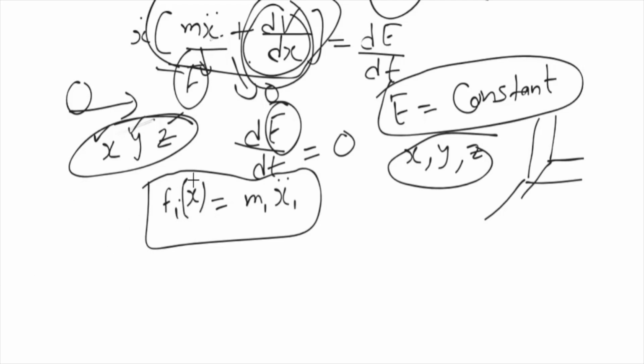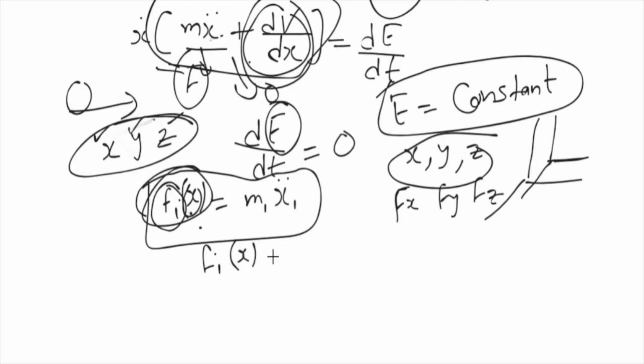Now F here depends upon all the components of position. So this i can stand for x, y, z, meaning all components of force in all directions. Fi means Fx, Fy and Fz. It means the force on a particle in all directions, in all 3 directions or dimensions.